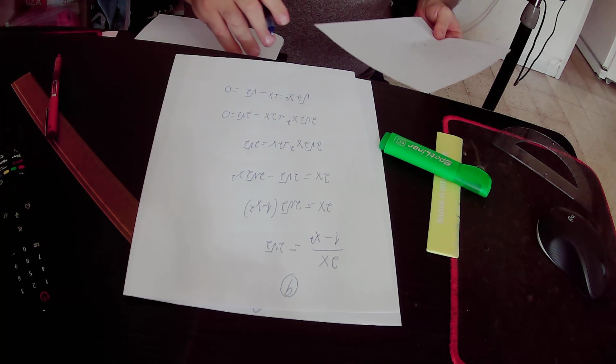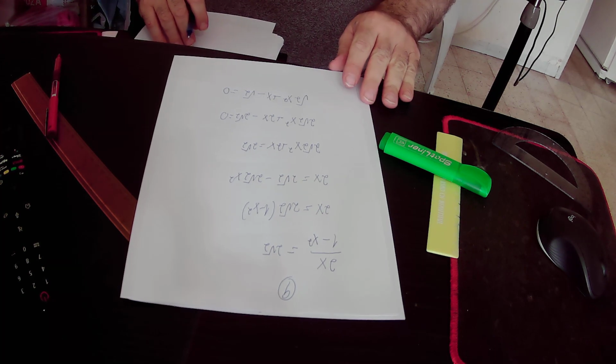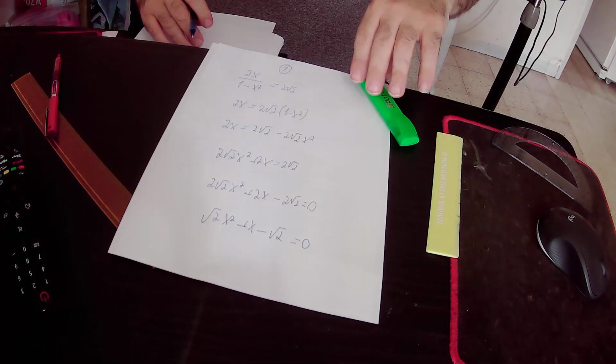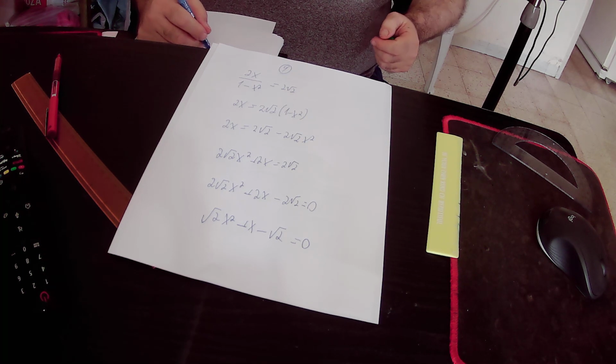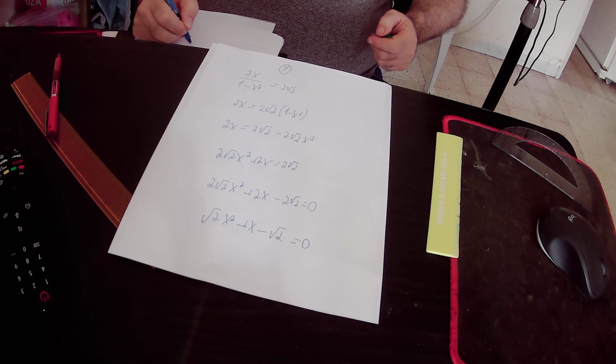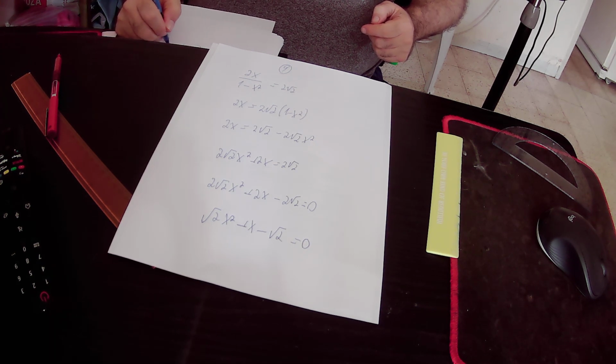Okay, and in our specific quadratic equation, the coefficients are a equals root 2, b equals 1, and c equals minus root 2.